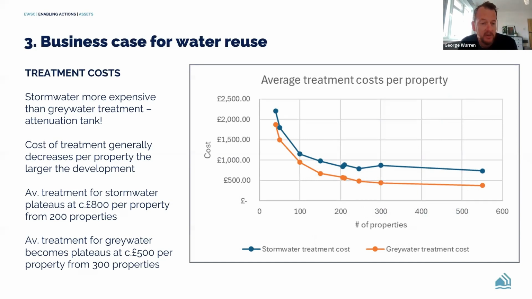Now, having looked into this, it appears there's a couple of reasons why that might be. Firstly, and majorly, it'll be around the attenuation tank. When you're harvesting stormwater or rainwater, there needs to be a fairly large attenuation provision due to the fact that we may have periods of no rainfall, and so that has a large cost associated with it.